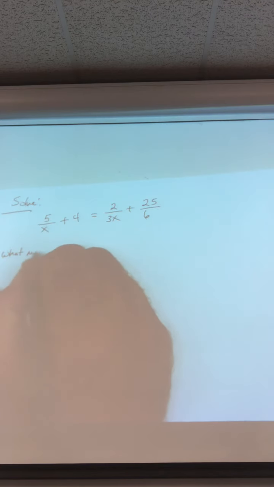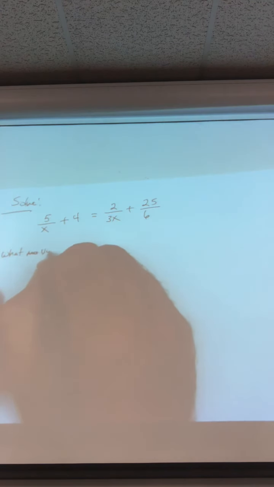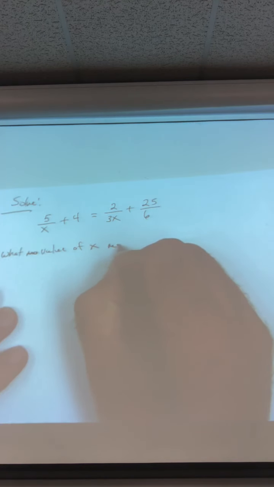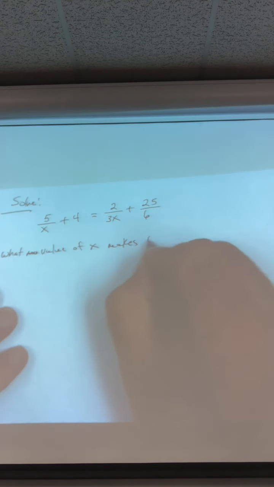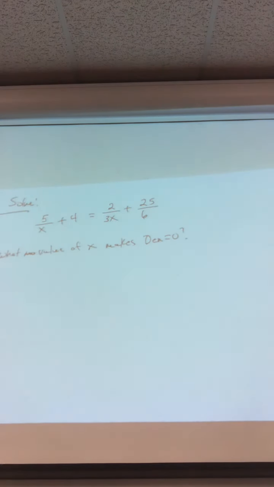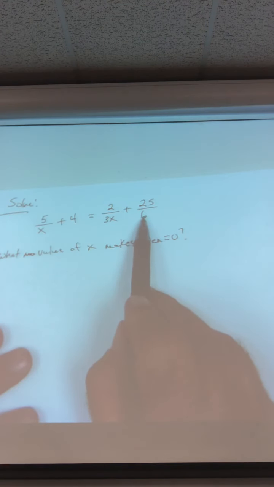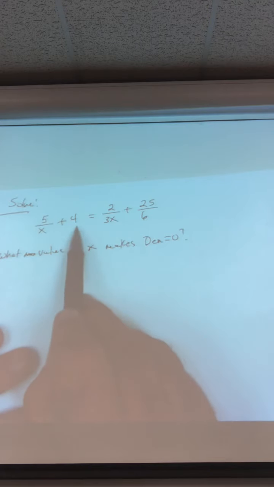What value of x makes the denominator be 0? I mean, that's what I'm thinking in my head. Now, there's no x in this denominator, so there's no worry. There's no x in this denominator, so there's no worry.